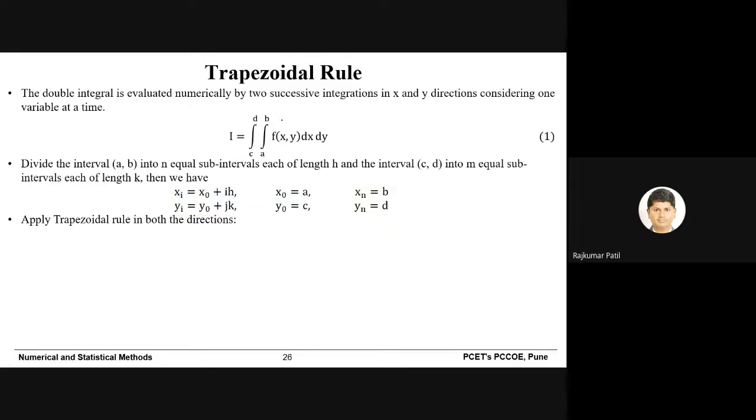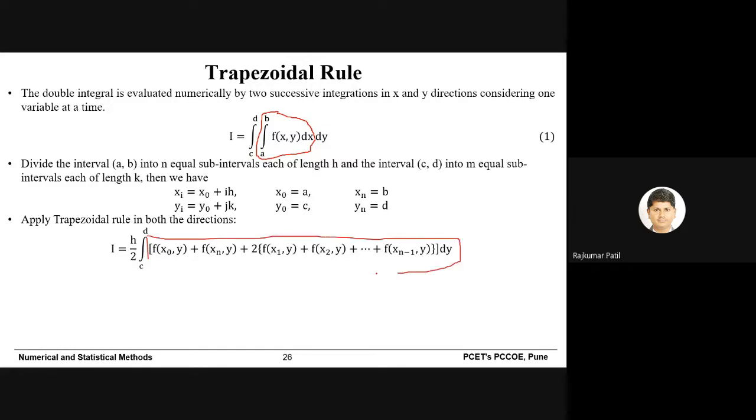Now, so far, the first integral, that is the integration from a to b of f of x, y dx, for that you need to take the integration. When you take the integration, you will get this particular equation. You can see f of x0 y plus f of xn y plus 2 into all remaining terms, that is f of x1 y plus f of x2 y up to f of xn minus 1 y.